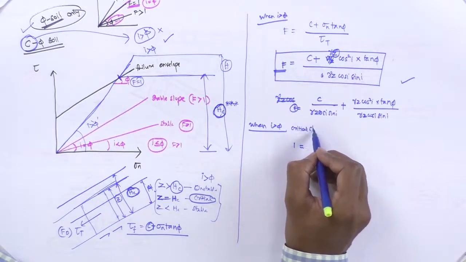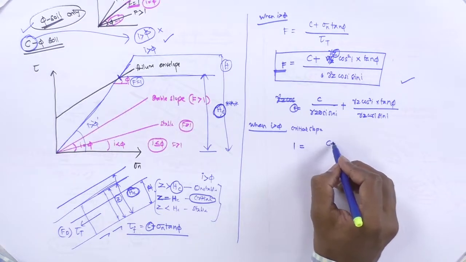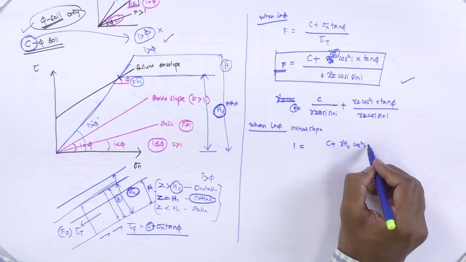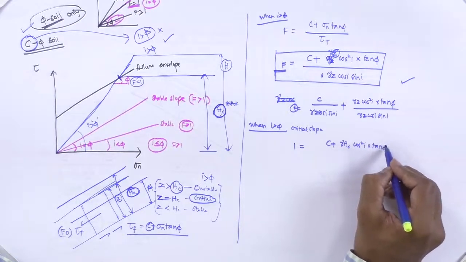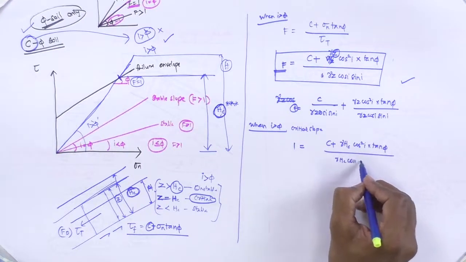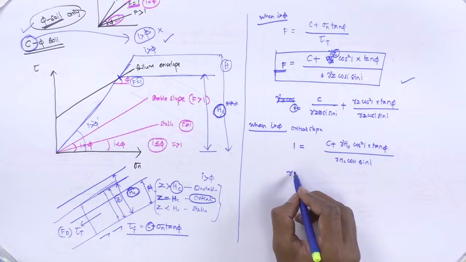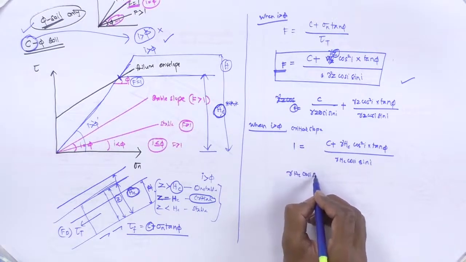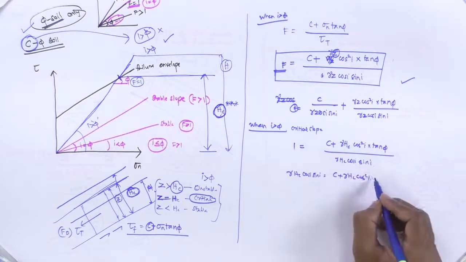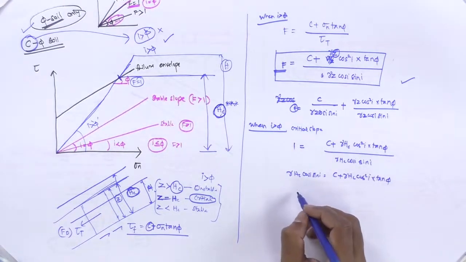So to get the critical slope, I am substituting 1 here. So c plus gamma hc cos square i into tan phi divided by gamma hc cos i into sin i. Taking this across, gamma hc cos i and sin i equals c plus gamma hc cos square i into tan phi.